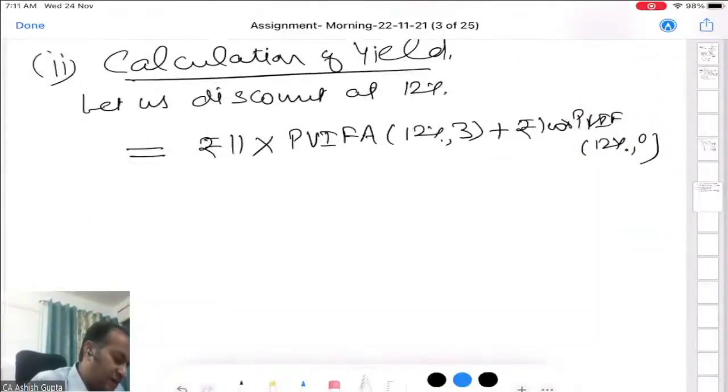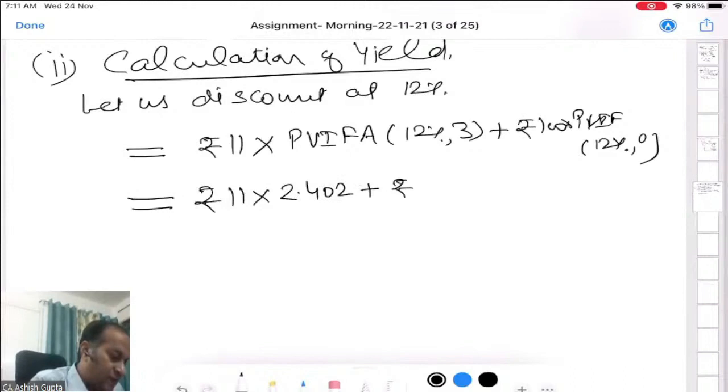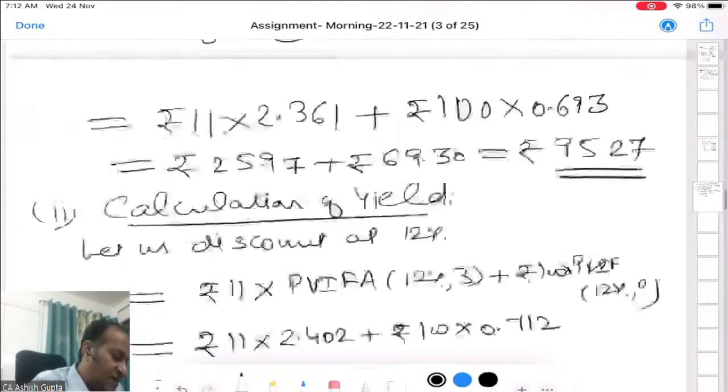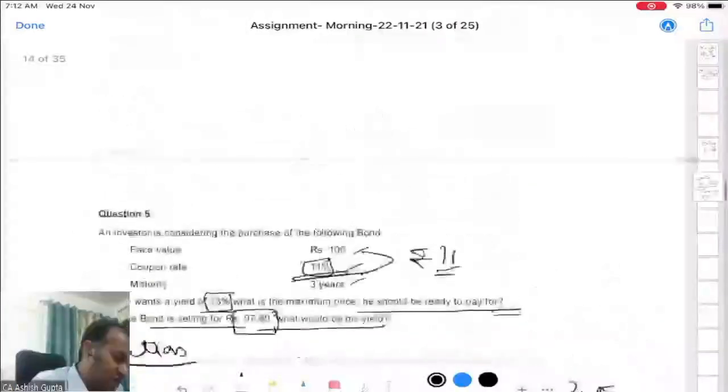If I take it at 12%, my value becomes 2.402 plus rupees 100 into 0.712. Now the value comes to 97.62.